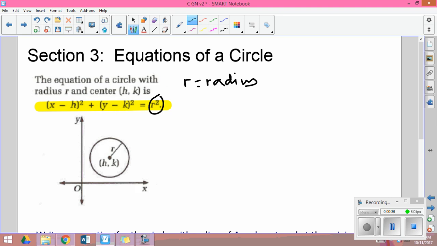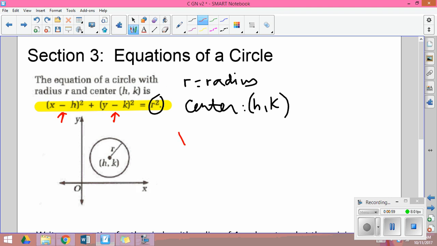Now notice it's r squared, so to pull the radius out of the equation, you have to take the square root. And then our center is at (h, k). Now, be very aware that the formula is negatives. So when you're looking at this, h and k come out of this.